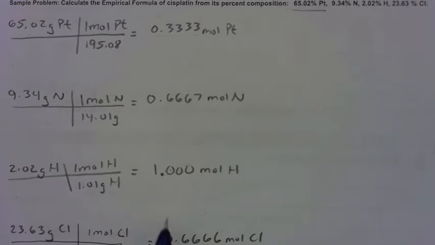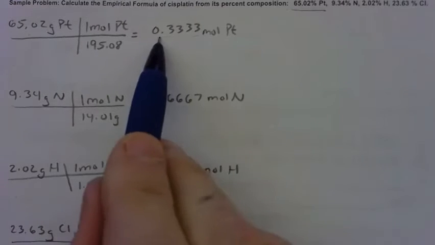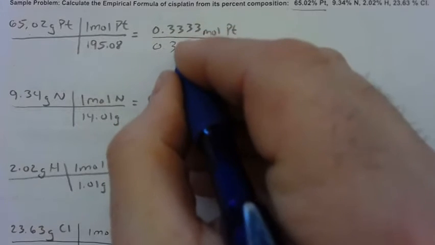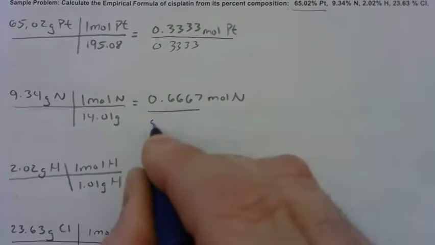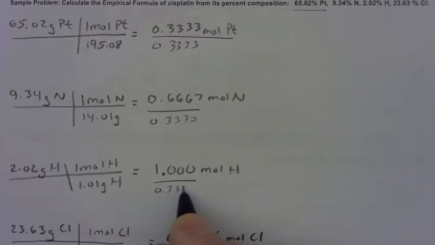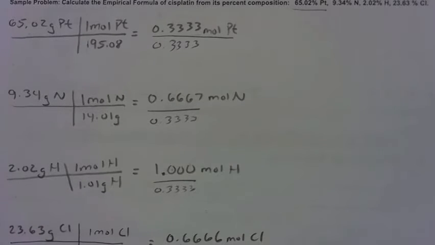All right, and since the smallest number amongst all of these is right here, for the platinum, I divide everything by 0.3333. Now, when I divide, I want to round off to the nearest whole or half number. Basically, we're trying to figure out what the ratio is, but we want them all to be whole numbers.